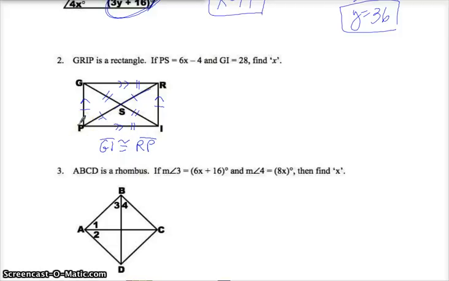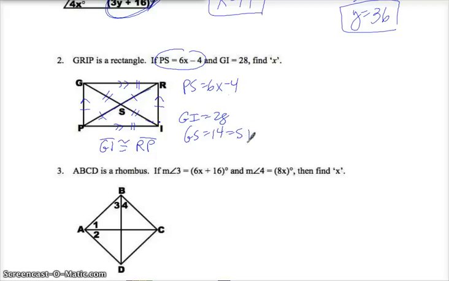Segment GI is congruent to segment RP. So it says if PS equals 6x minus 4, and GI equals 28, how do I find x? Well, if GI equals 28, then GS equals 14, and SI equals 14, which means PS and SR must equal 14.